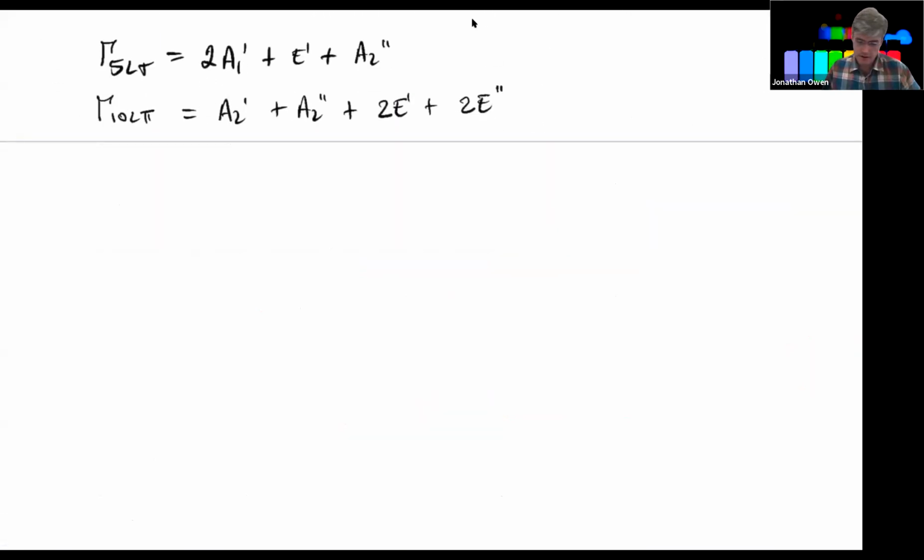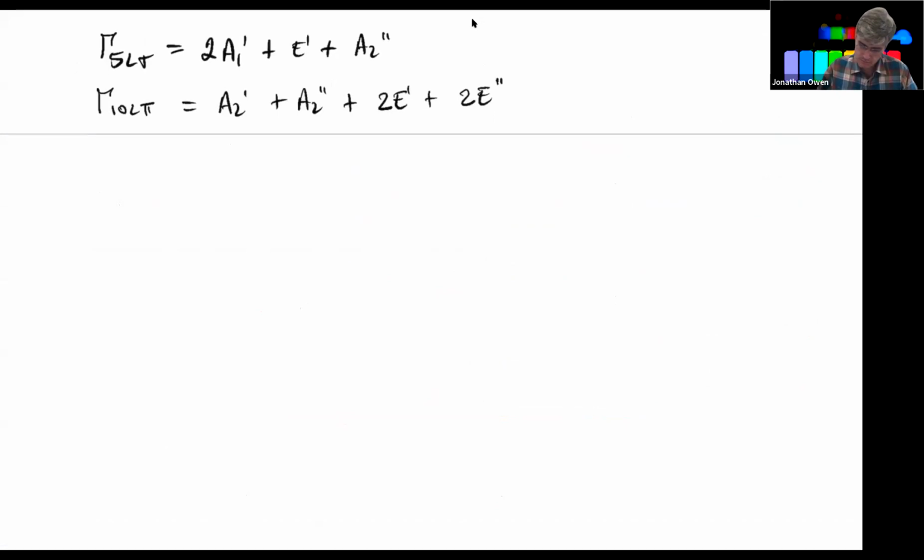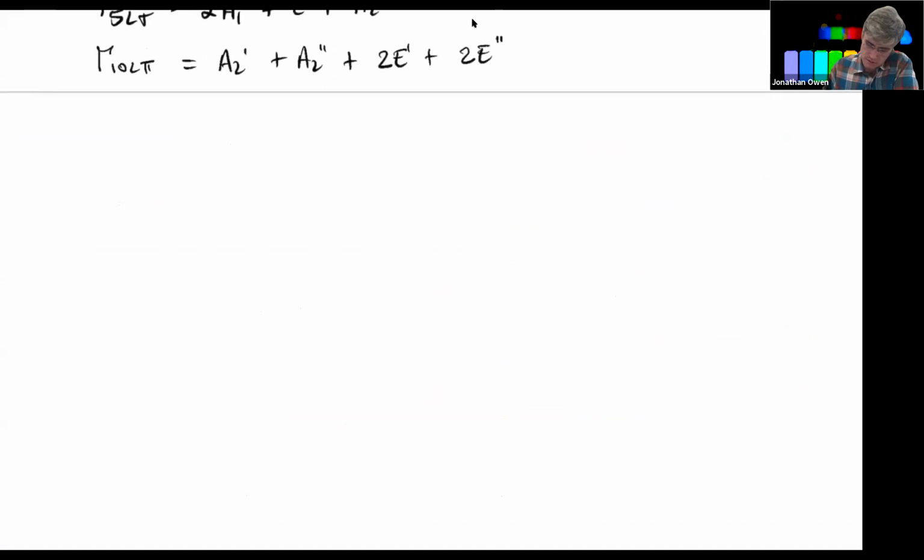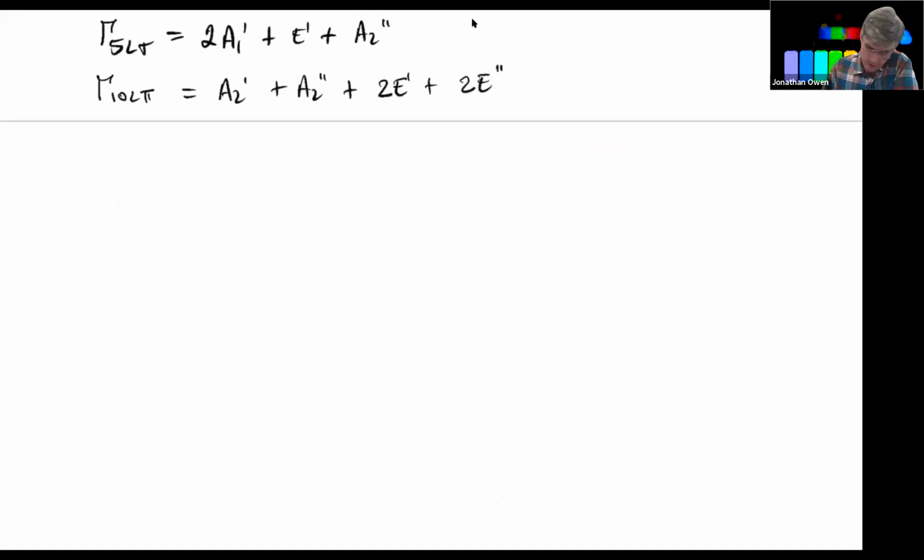So let's make a diagram. Just leave that up there. We're going to do 5 ligand sigma first. 1, 2, 3, 4, 5, and we have 2A1 prime, E prime, and A2 double prime.